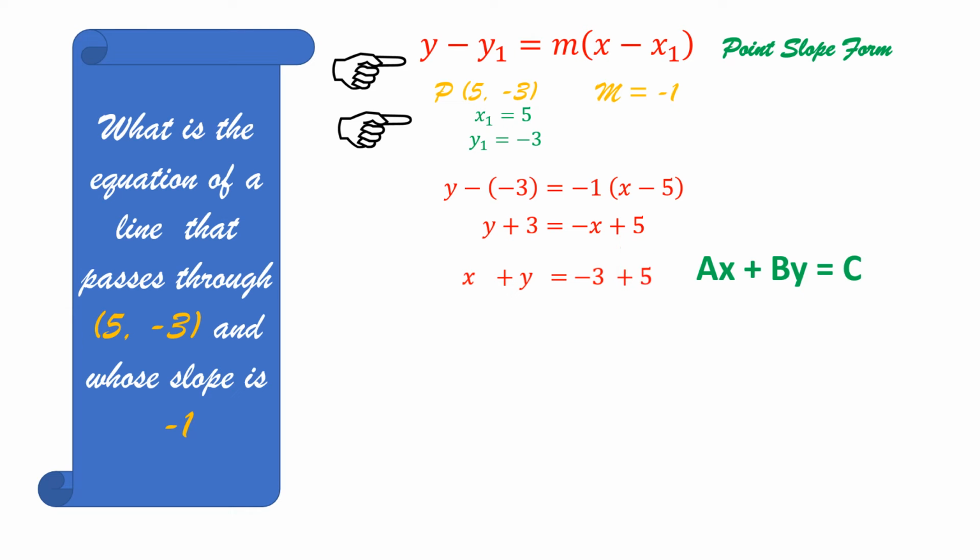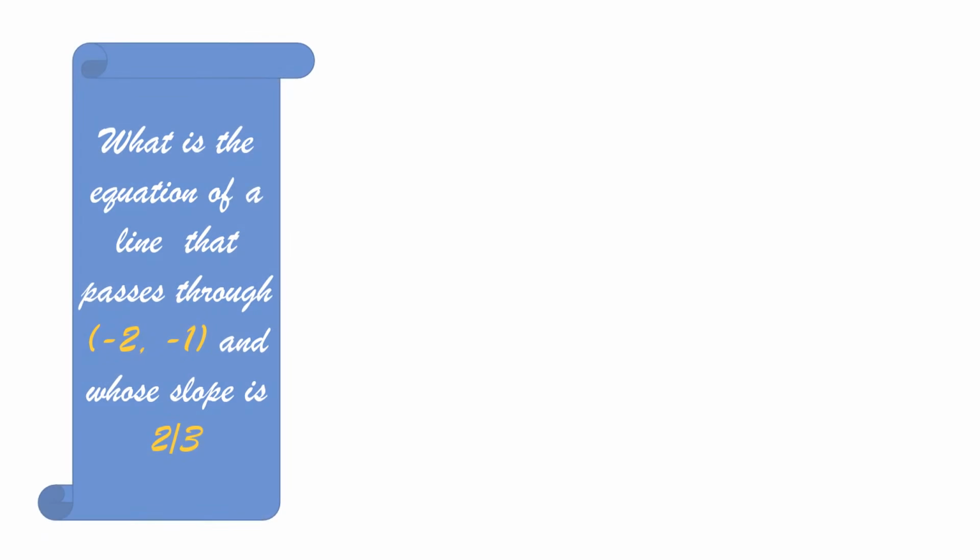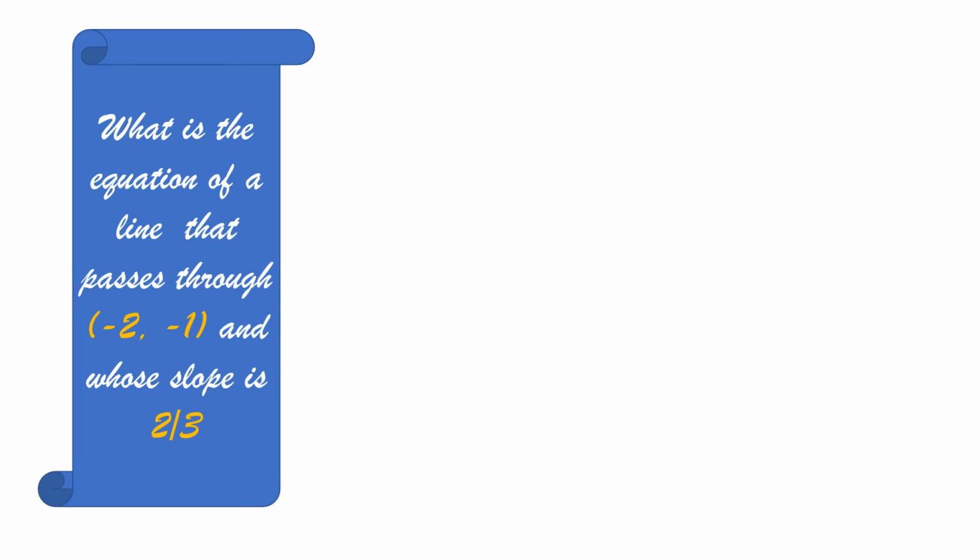And then the positive 5 is still positive 5. By combining similar terms, we have x plus y is equal to positive 2, which is now our standard form.